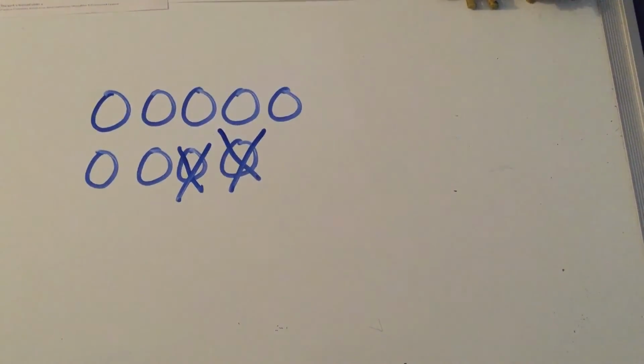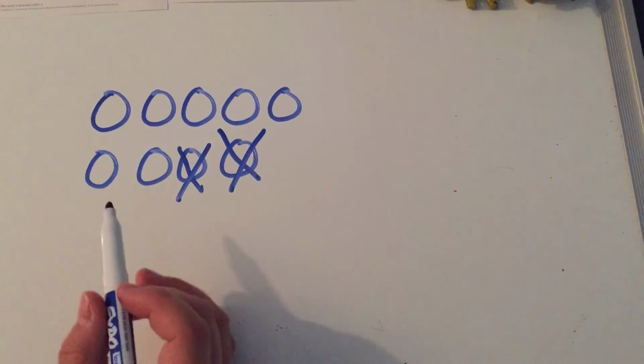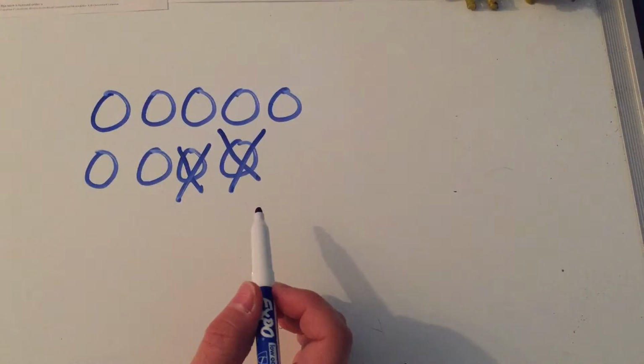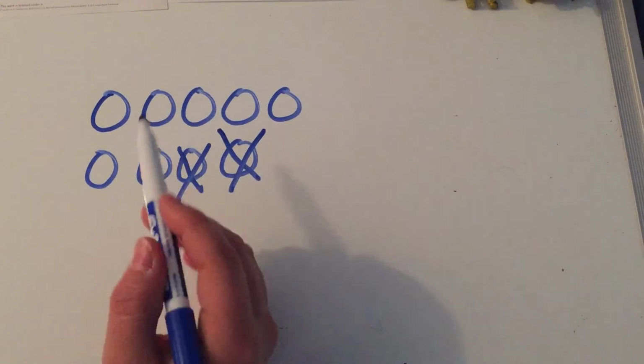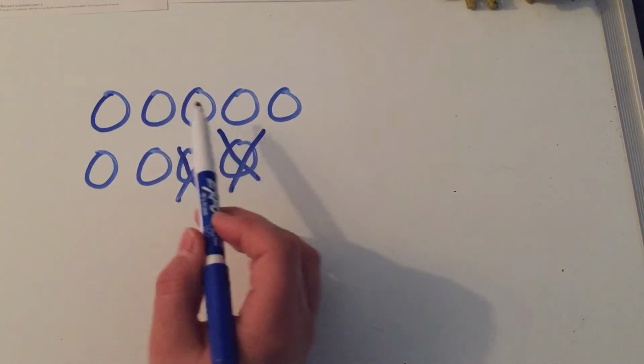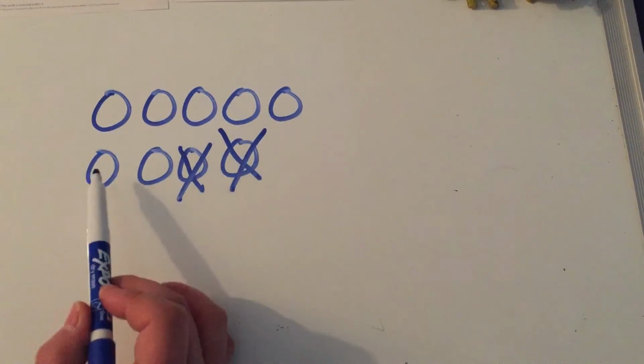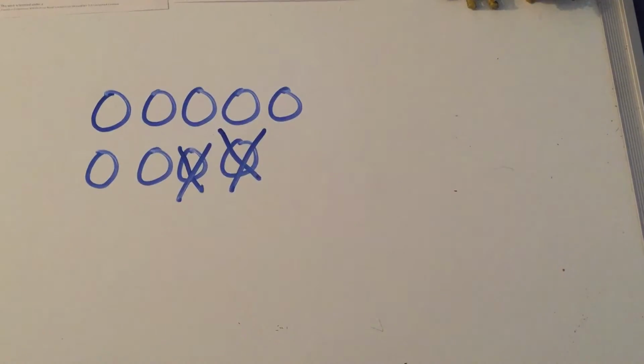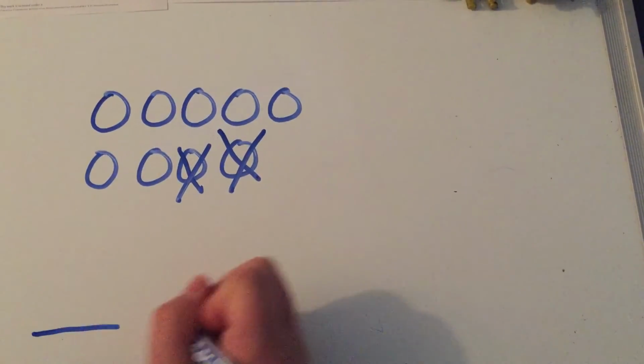We don't wanna erase them because we still need to know this information for when we do our number sentence and our number bond. So now, how many bears do we have left? We can count them, of course. 1, 2, 3, 4, 5, 6, 7. We have 7 bears left. Let's write a number sentence to match.